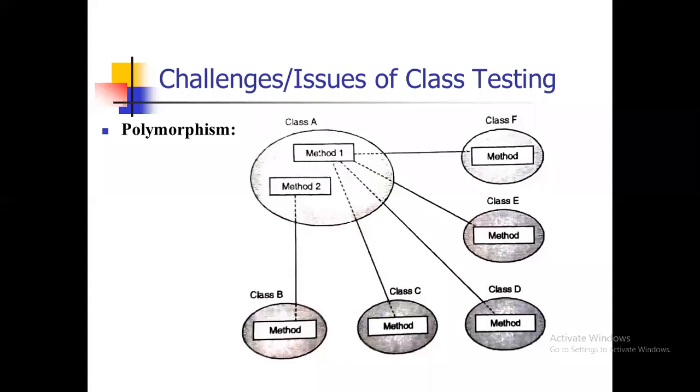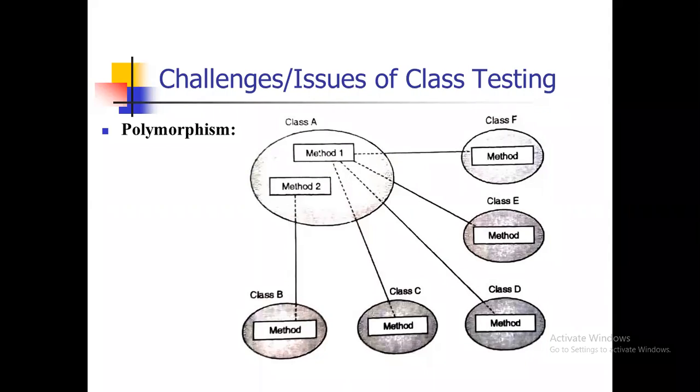A method may be implemented by more than one class, or the type or the number of arguments differ for the same method. That is overloading, where one method has different parameters in different classes.